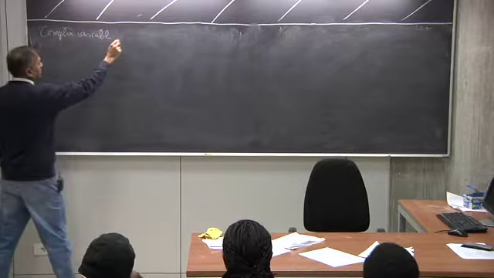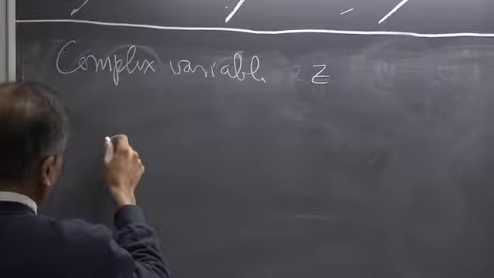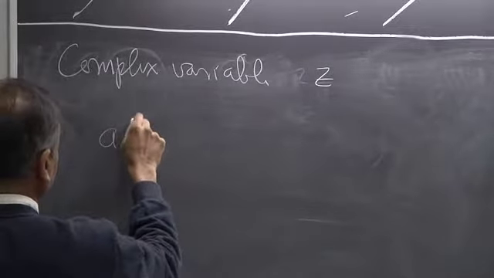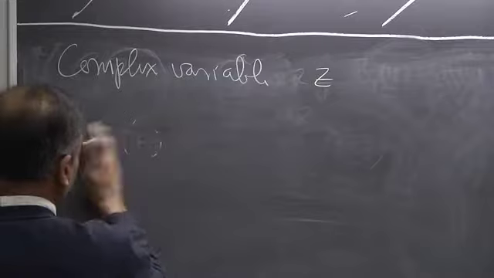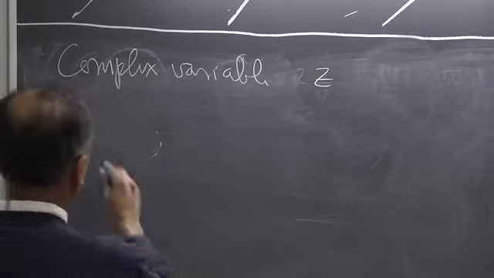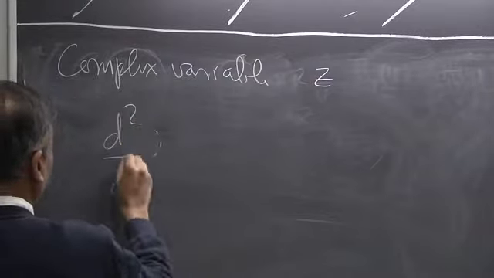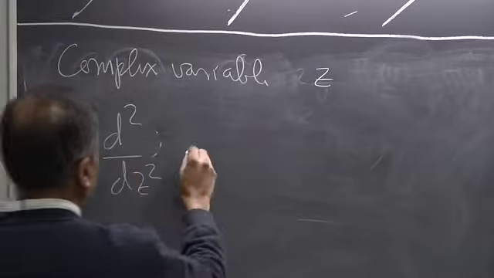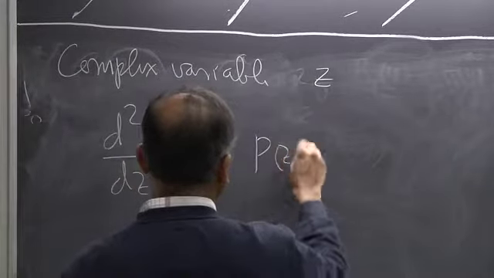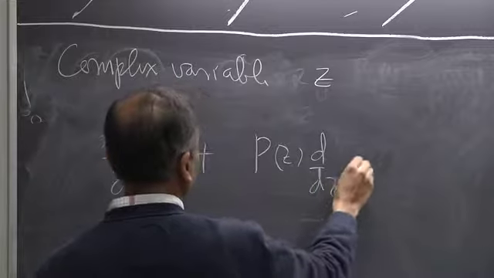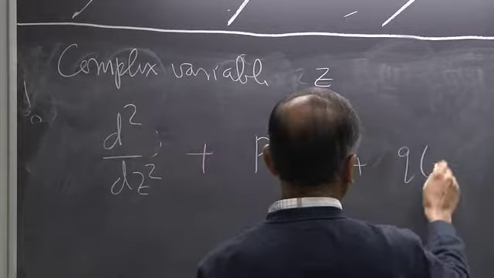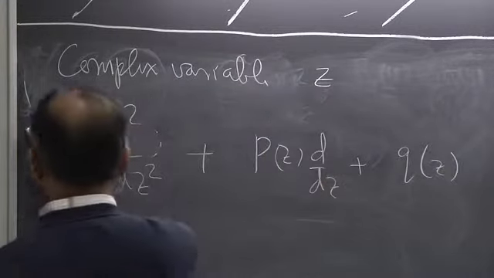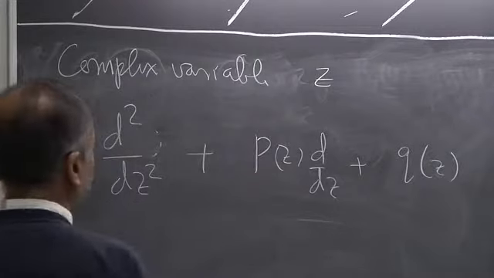The complex variable z, and the second order differential equation we'll consider is something like this: a(z). Or in fact, let me divide by a throughout, so that the coefficient of the second order differential operator is simply 1, plus p(z) d by dz plus q(z). This is L(z), a differential operator.